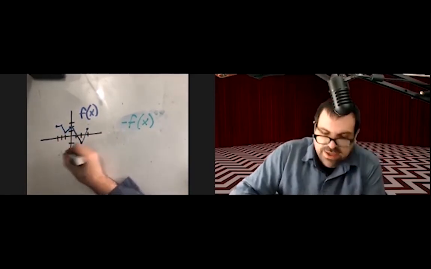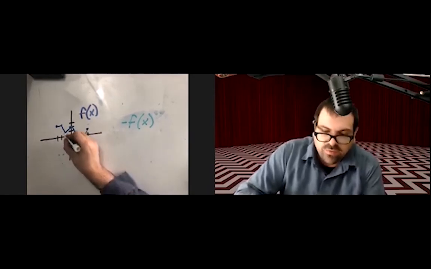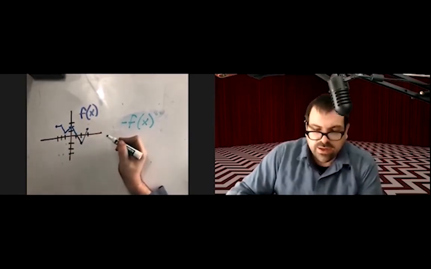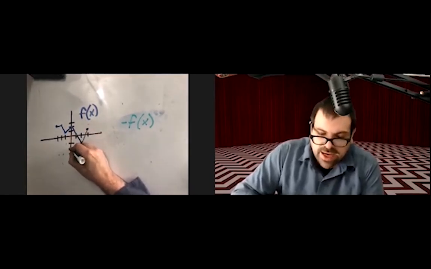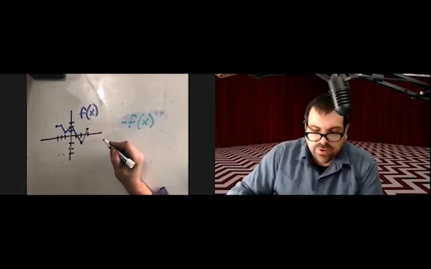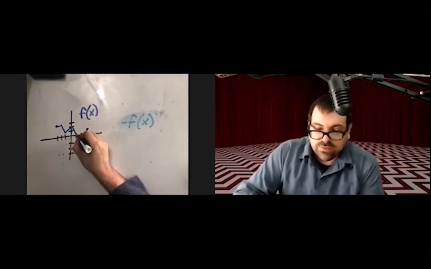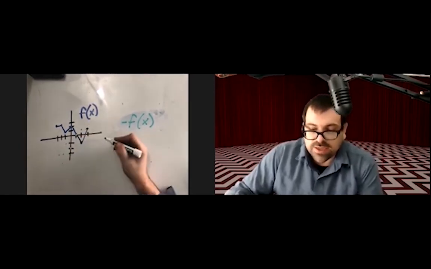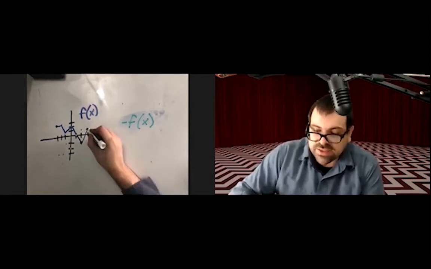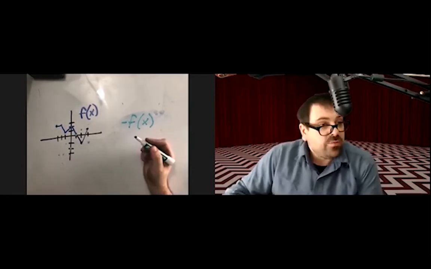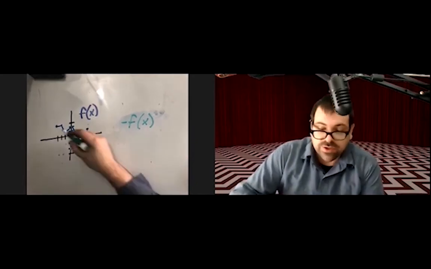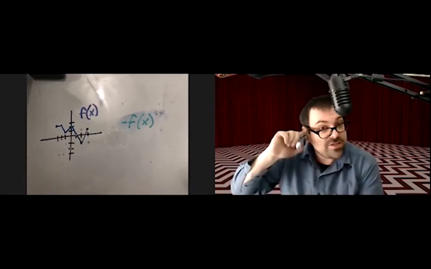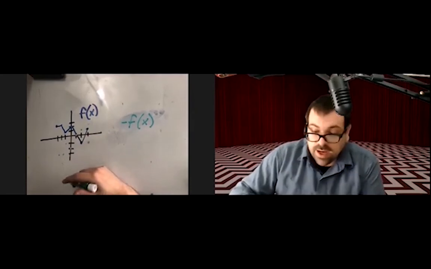Instead of 3, it'll be at -3. Instead of 1, it'll be at -1. Instead of 2, it'll be at -2. Instead of 0, it'll be at 0. Instead of -1, it'll be at +1. Instead of +1, it'll be at -1. I literally just took the opposite of each of my y's, each of my f of x's, and made that the new point.